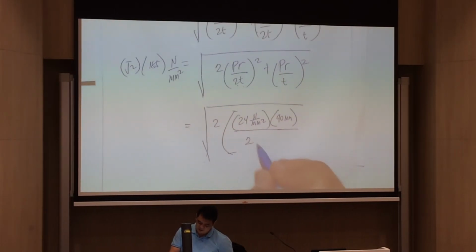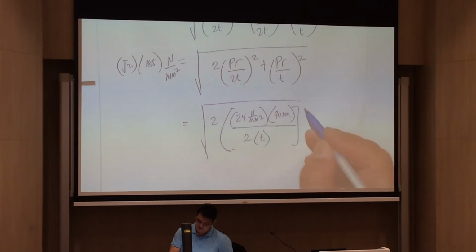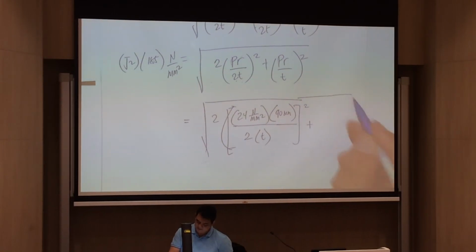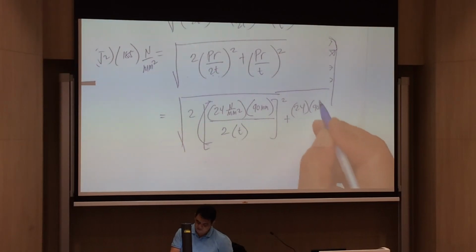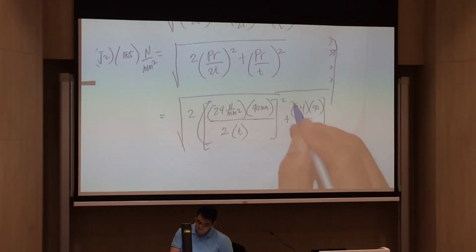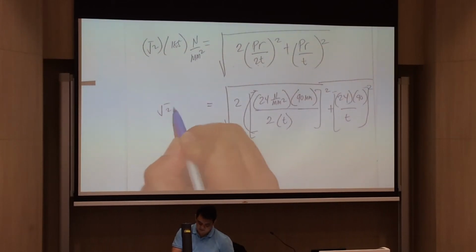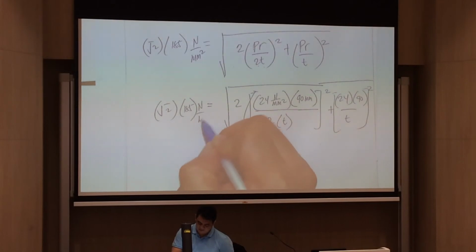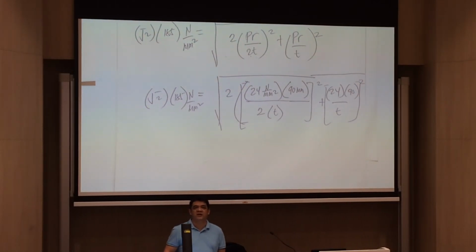So I have this one to be 2 multiplied by the thickness. So that must be squared. Okay, so as you can see, I'm quite consistent with my units.